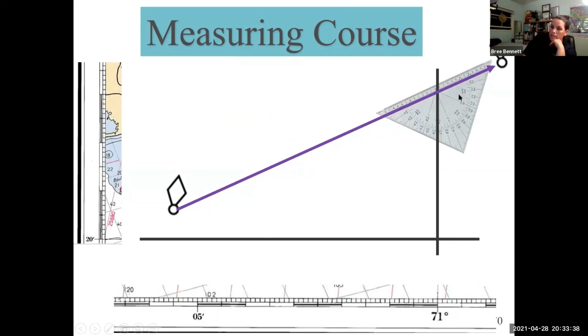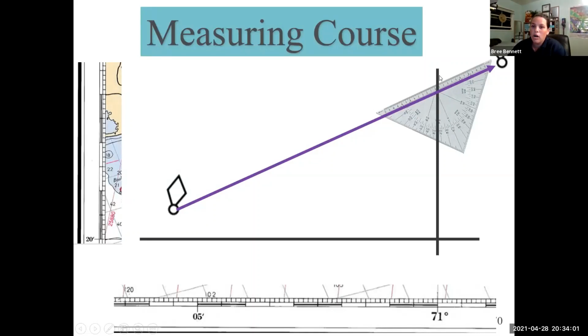Now your triangle, if you guys have triangles, your triangle doesn't need a compass rose. So that is why I prefer the triangle, because I would say 70% of the time you don't need a compass rose and you don't have to move it at all. So there's no jiggle.